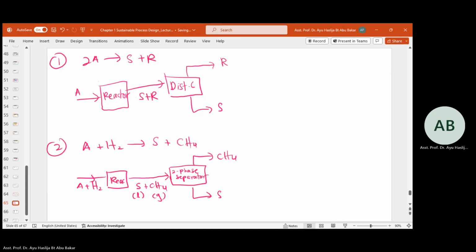Okay. So now, from these two, which one do you think is more feasible? This is the simplest version of the route. If you consider the H2 and A in the product stream, then you need to do another separation, split them, and recycle back. Now, from these two, which one is more feasible?